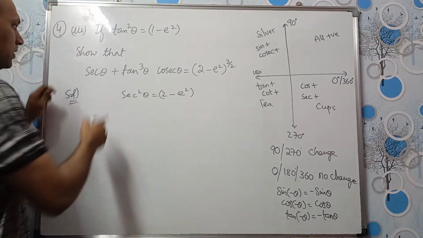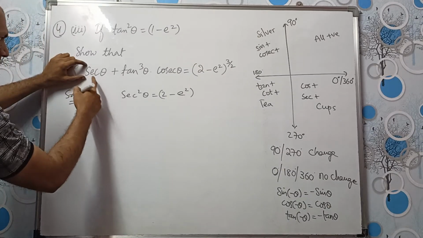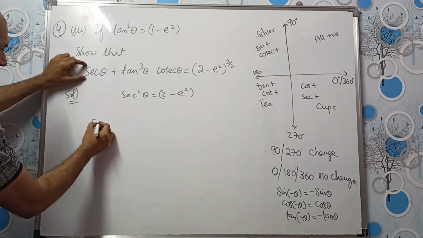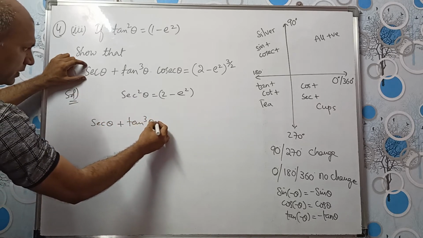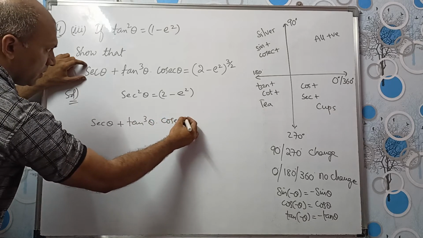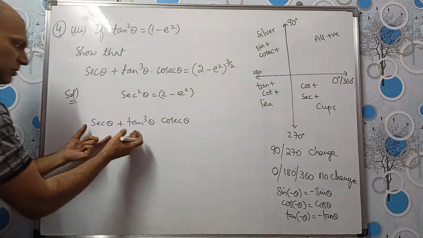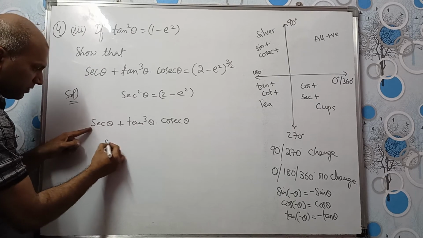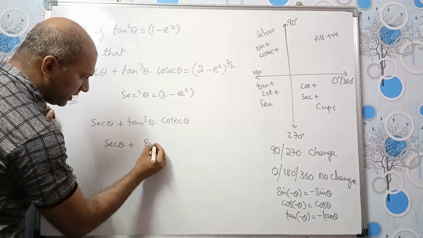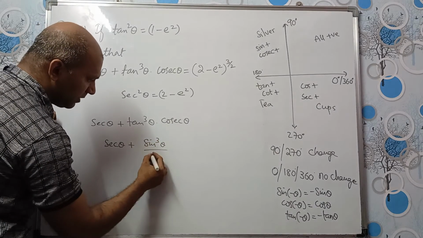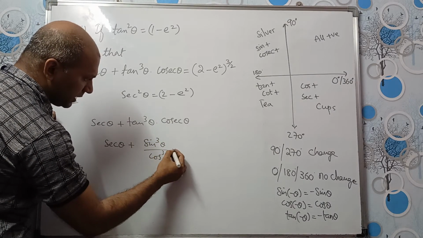Okay. Alright. What do we need? We need to find this value. We need to find (sec θ + tan³ θ) multiplied by cosec θ. First let us simplify this. See, we have sec θ plus tan³ θ. So can we write it as sin³ θ divided by cos³ θ? Yes.